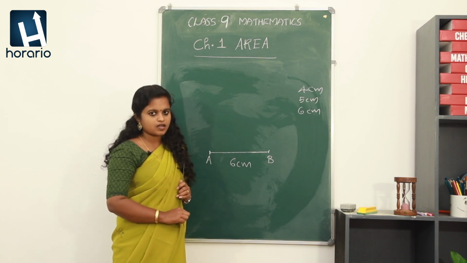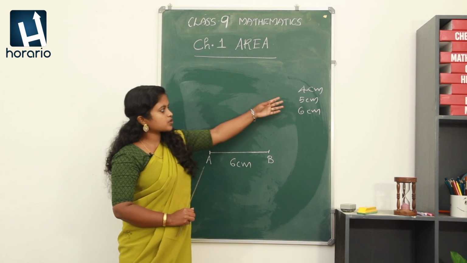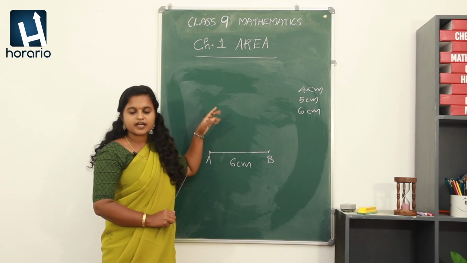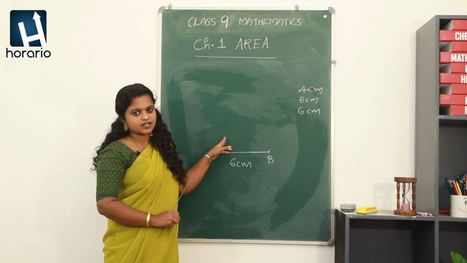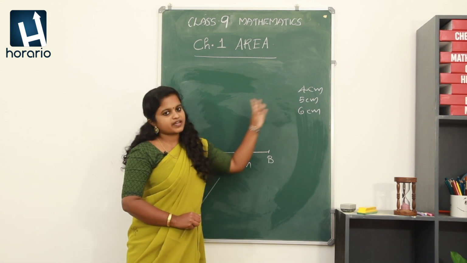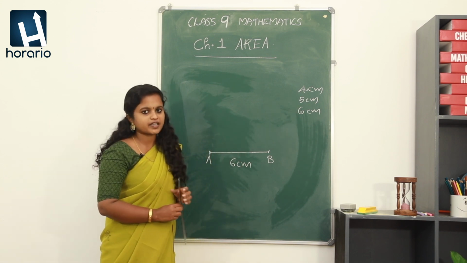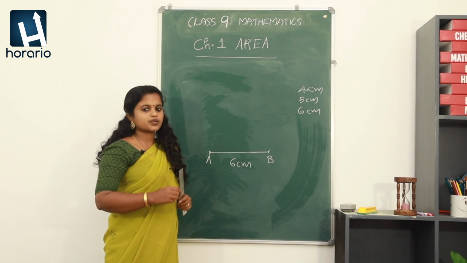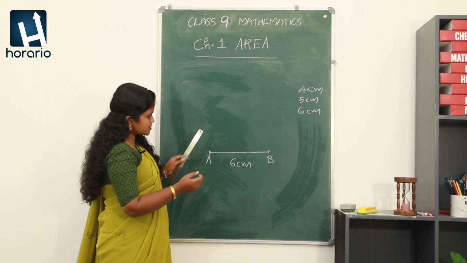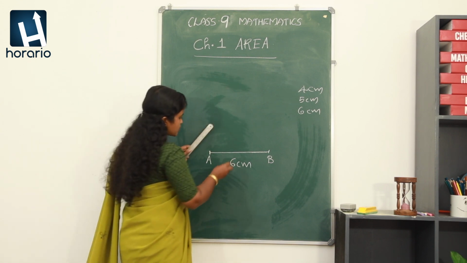How will you draw? You will measure 4 cm on the compass and draw an arc, and that arc can be cut by another arc having the radius 5 cm. The point of intersection can be taken as the third vertex, right? So you can do it in your notebook. I'm just drawing that roughly.